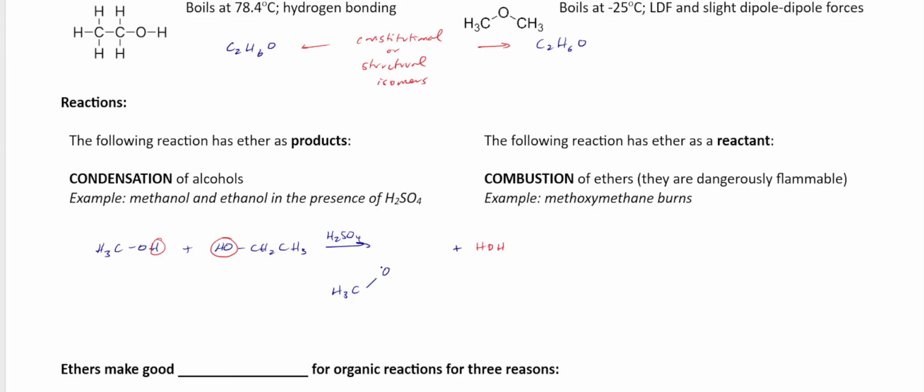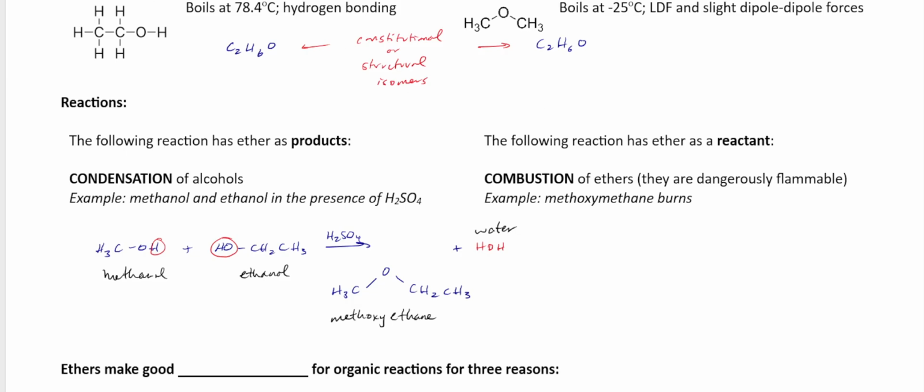This now needs another bond, and this right here needs a bond, so then they link up with that ether linkage. Okay, so then we write the names of this. So the first one is methanol. This is ethanol. Okay, and this right here would be methoxyethane. And this is water right here.